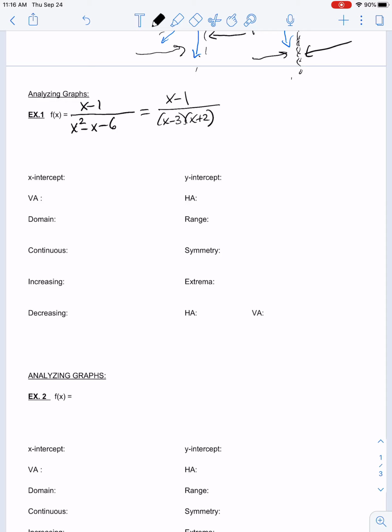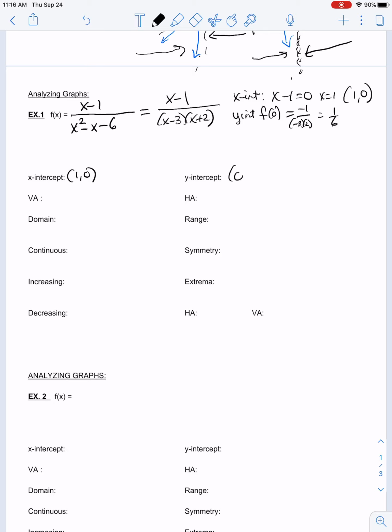Okay, so then you can take a look here at your x-intercept, for example. You would take x minus 1 equal to 0, so that tells you that x is 1, so we have (1, 0) for an x-intercept. For the y-intercept, do f of 0, so we're plugging a 0 in there, and that comes out -1 over -3 times 2, so 1/6.